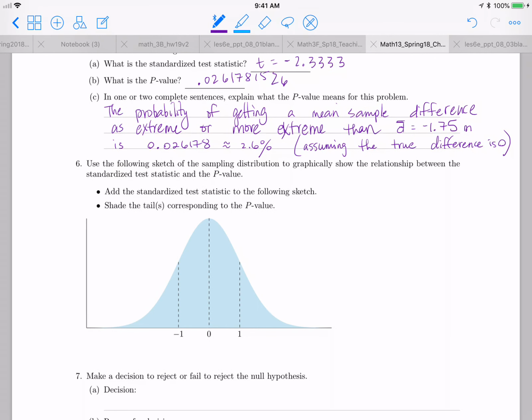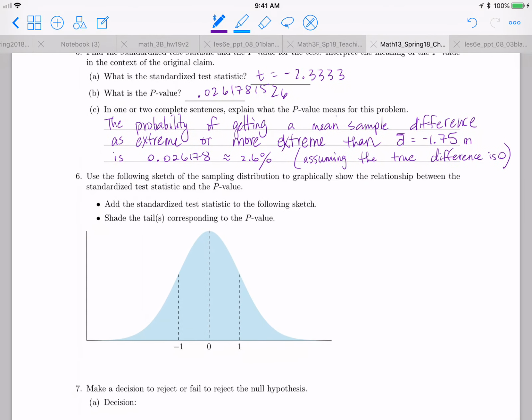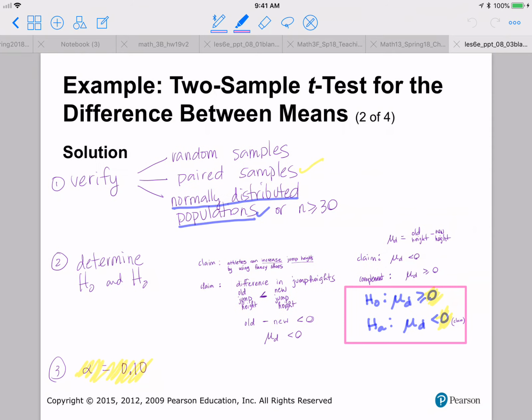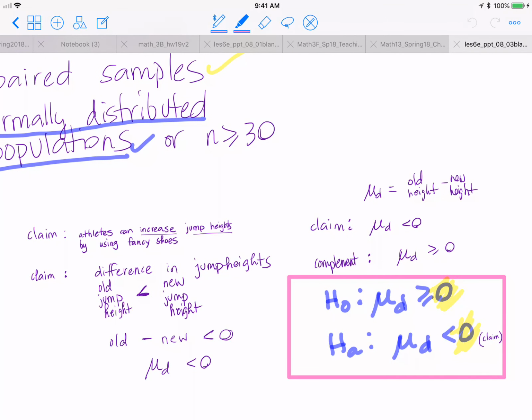Let's see here. So now for our drawing here, down here is the D bar, and we're going to put in our standardized test statistic, which is negative 2.33. And now the key is that this area, because we're doing a left tail test. How do I know we're doing a left tail test? I know that based on the alternative hypothesis.